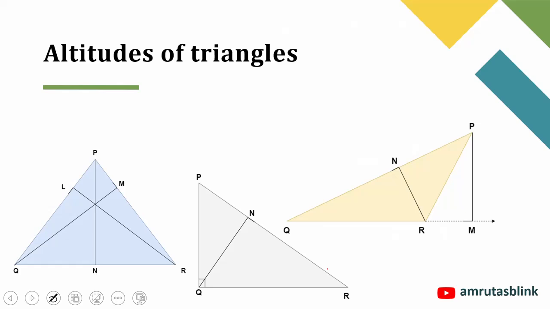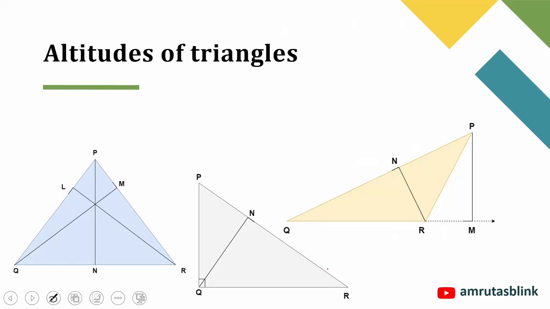Altitudes of a triangle. For example, if I have acute angle triangle PQR, then PN is perpendicular to QR, QM is perpendicular to PR, and RL is also perpendicular to PQ. So PN, QM and RL are altitudes of the triangle.